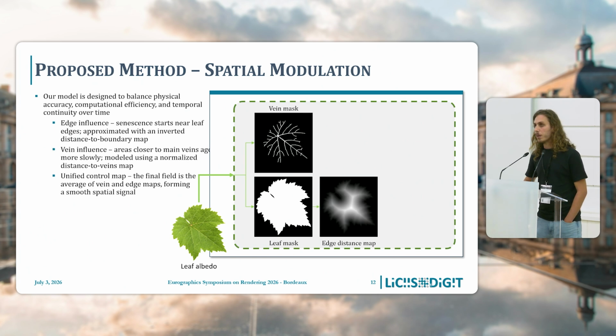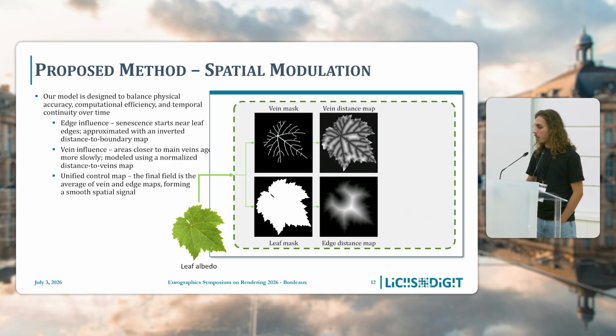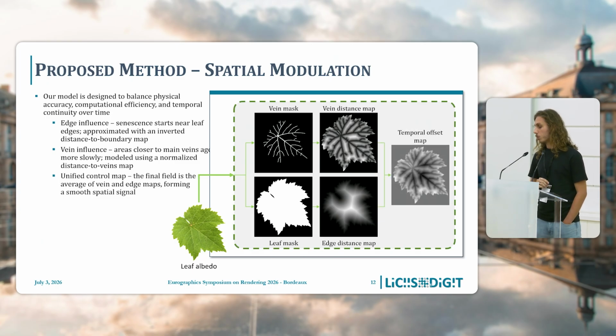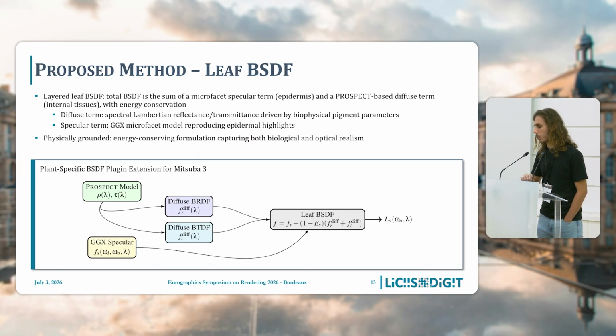In parallel, we compute a vein mask to compute a vein distance map. The interest of these two maps is to merge them into a temporal offset map. The goal of these features is to describe which part is younger or older in the same leaf. With that, we can have a heterogeneous rendering of a leaf with different temporal aspects.